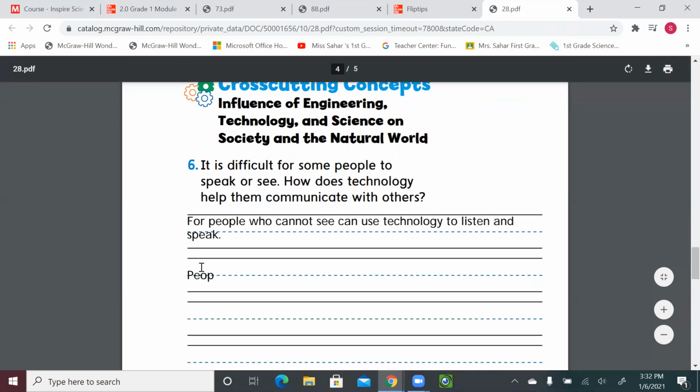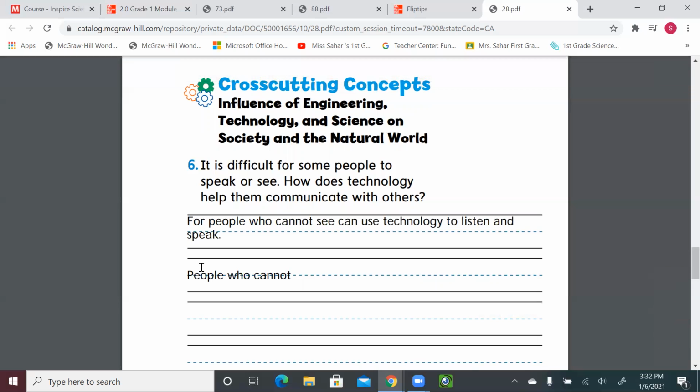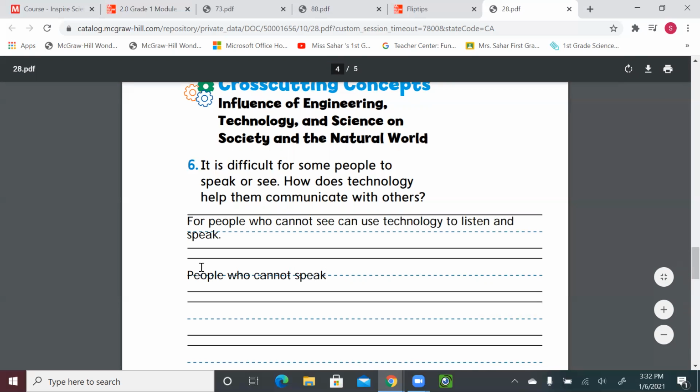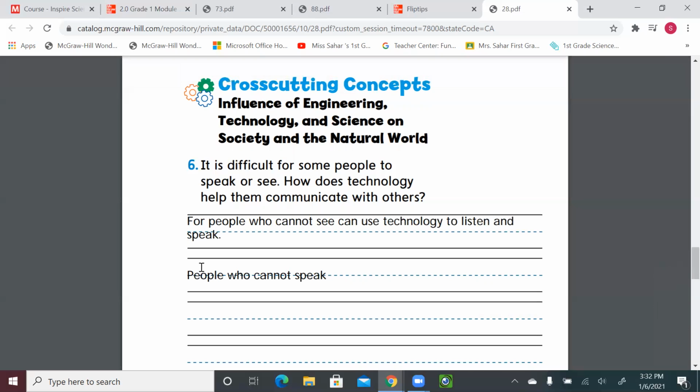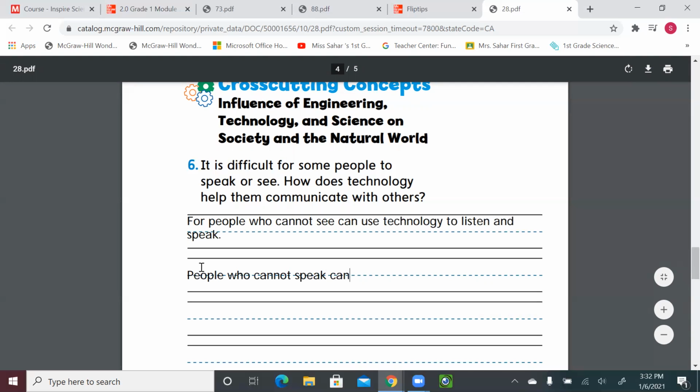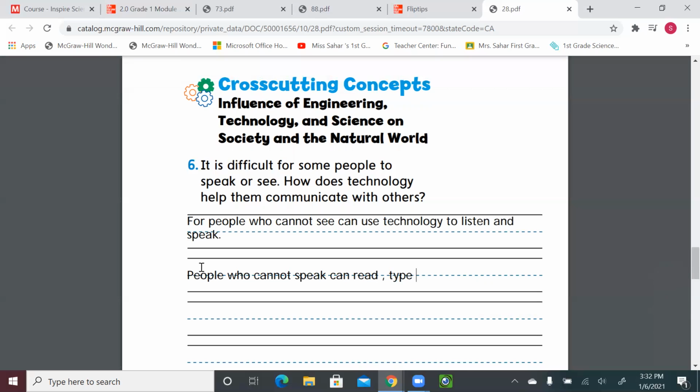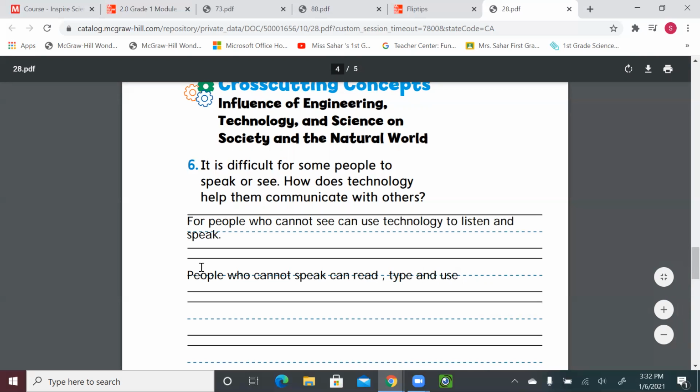And people who cannot speak can read and can type, and also use pictures to communicate.